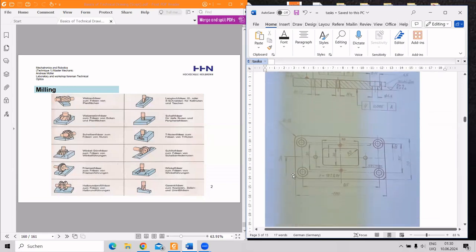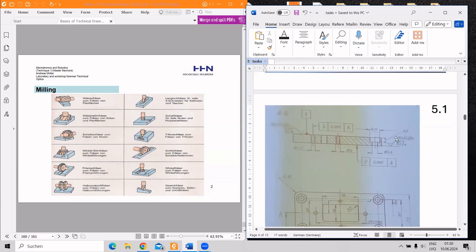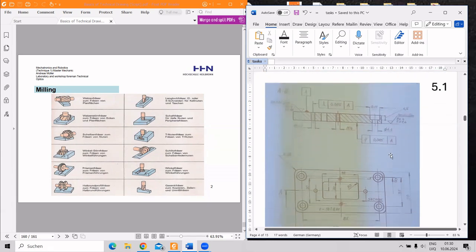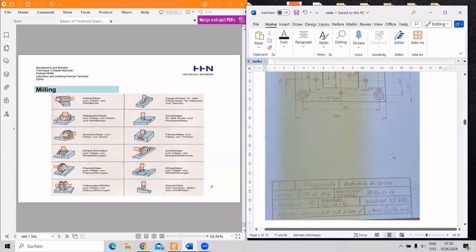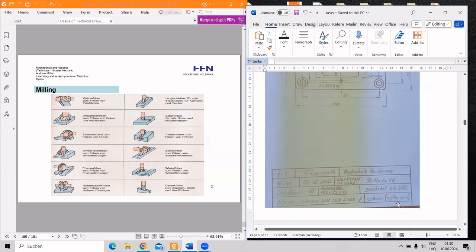So we should decide where we should put the reference points such as A and B, and then sketch the additional cut for them. And also don't forget about the tolerances which we have talked about before. And also in the table bottom, we can also write here designations additionally.